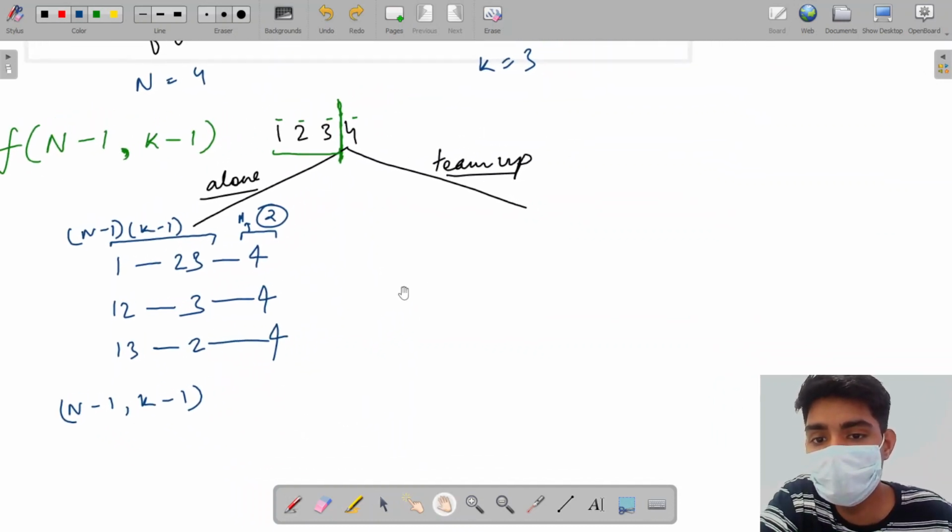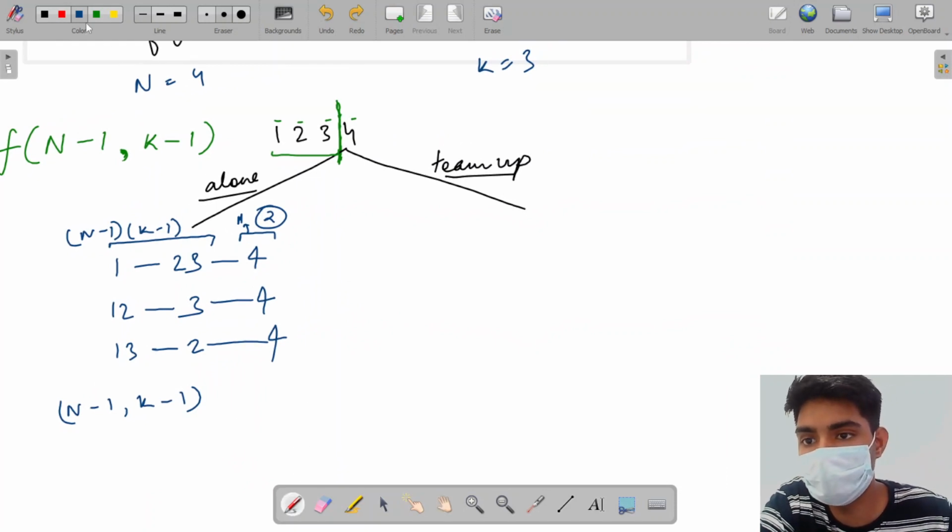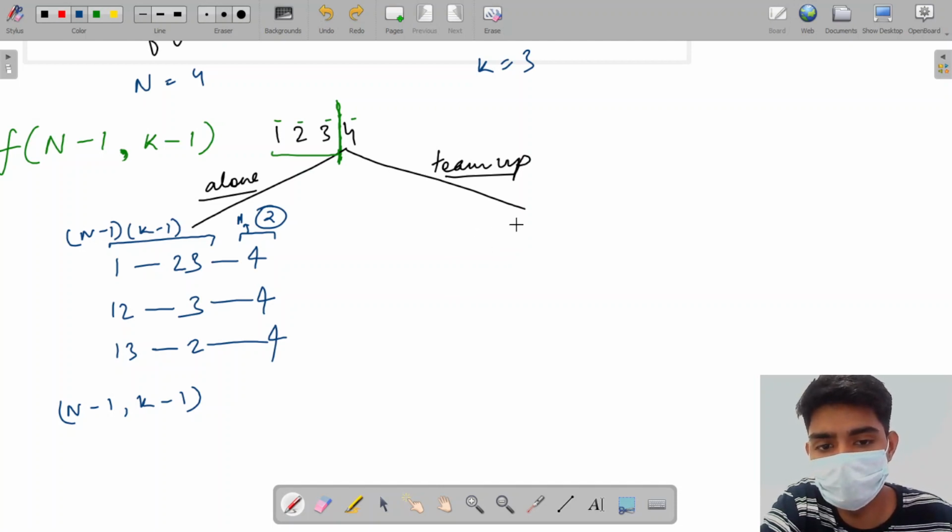Now, what would happen if 4 decides to team up? Let's say 4 is deciding to team up, and 4 can team up with any of them.